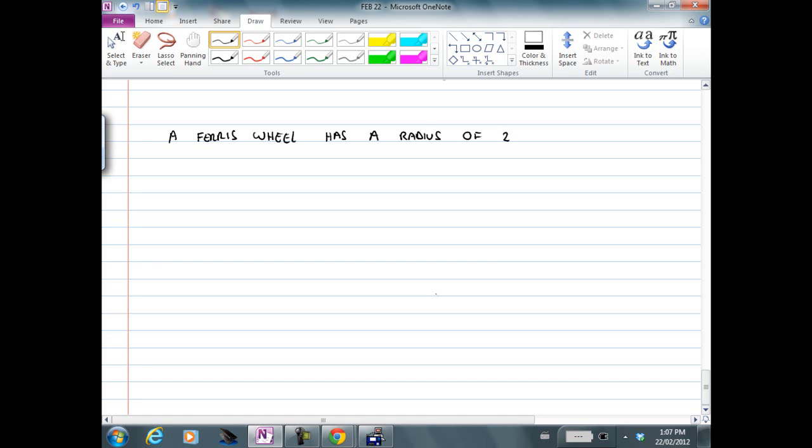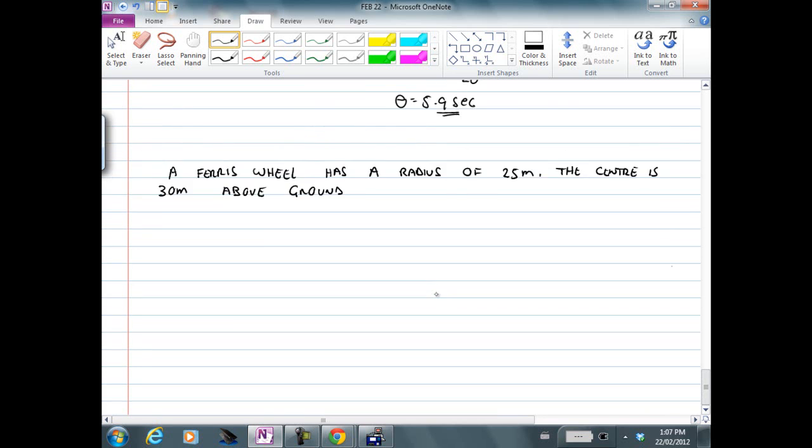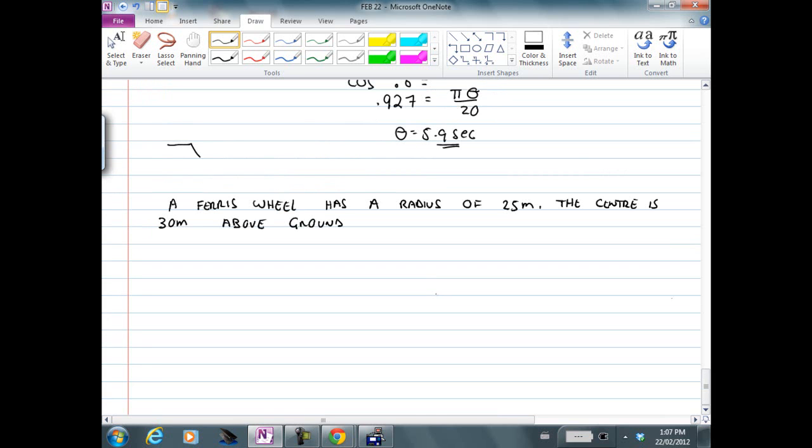The center is 30 meters above ground. Actually, I'm going to make this my supernova question for today. I'm going to walk around. If you have the right answer, you get a card. Simple as that. The center is 30 meters above the ground.